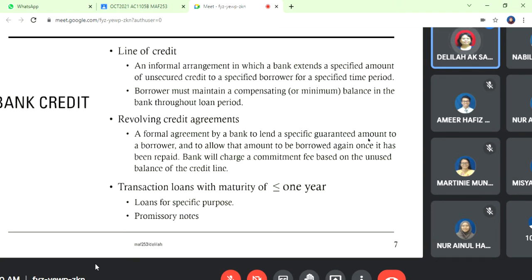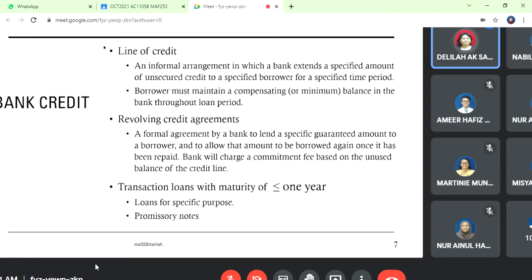Now, the other one where we need to do a lot of calculation is bank credit. With bank credit, you have three types. I'm not going to go into exact details of this because it is explained in the text.